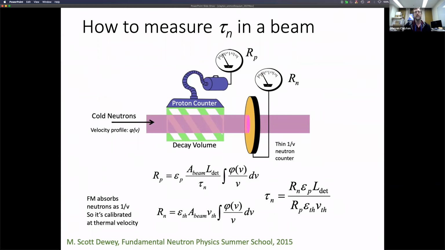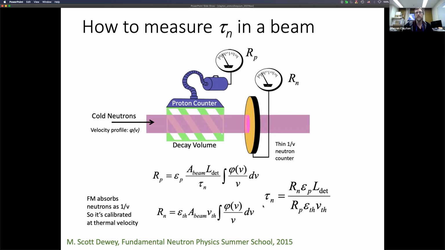Okay, so how to measure that? I explained this a little bit before, but basically the trick is this 1/v sensitive detector. Its efficiency goes like 1/the velocity. And so you can take this proton rate that you expect. You have the efficiency of your detector that figures in, then the integral over your beam fluence divided by v, and then the various factors that come in to correct that. Similarly for the neutron beam, you have the calibrated efficiency of your detector, and then that same kind of velocity integral.